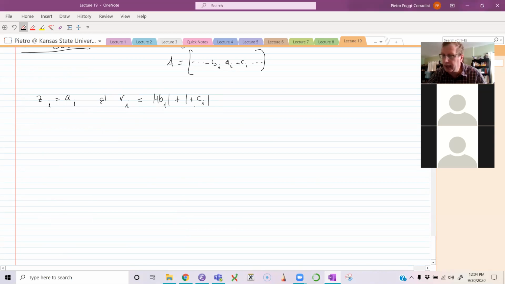And Bi and Ci had formulas. They were 1/2 (1 plus h over 2 Pi) plus 1/2 (1 minus h over 2 Pi). It actually very nicely cancels out, and you get 1.